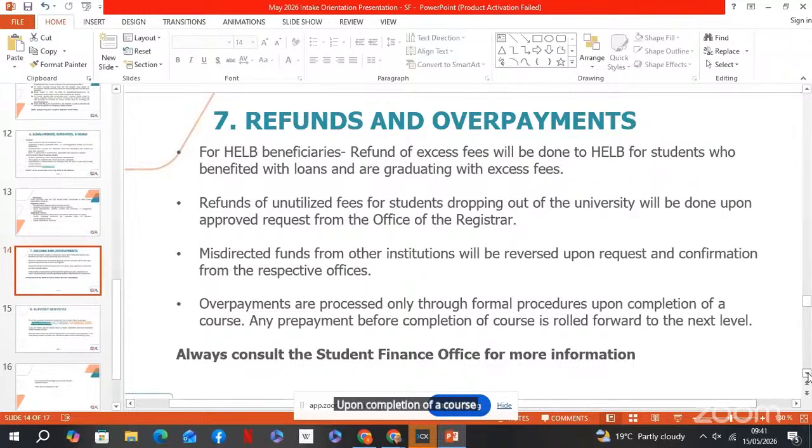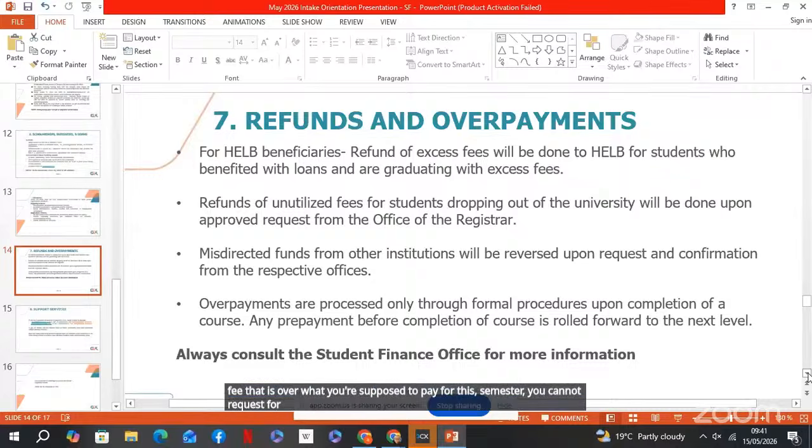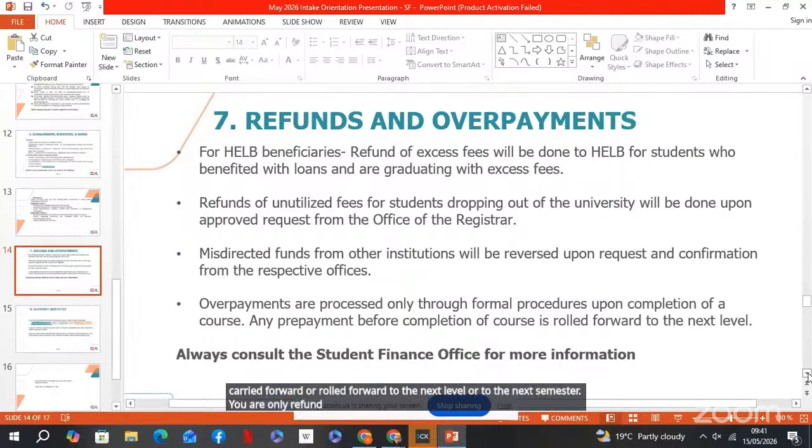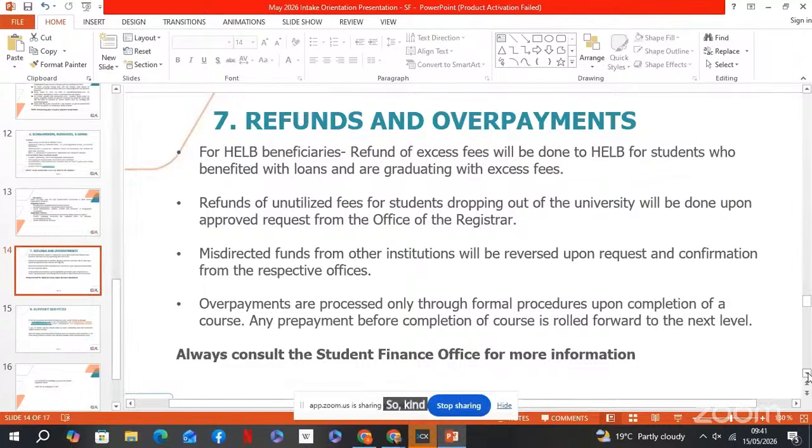So kindly note that if you are in this semester and you've paid a fee that is over what you are supposed to pay for this semester, you cannot request for that refund. The extra money is carried forward to the next semester. You are only refunded extra fee upon completion of a course. So kindly students, note that. And for any other information on that, you can reach out to us.